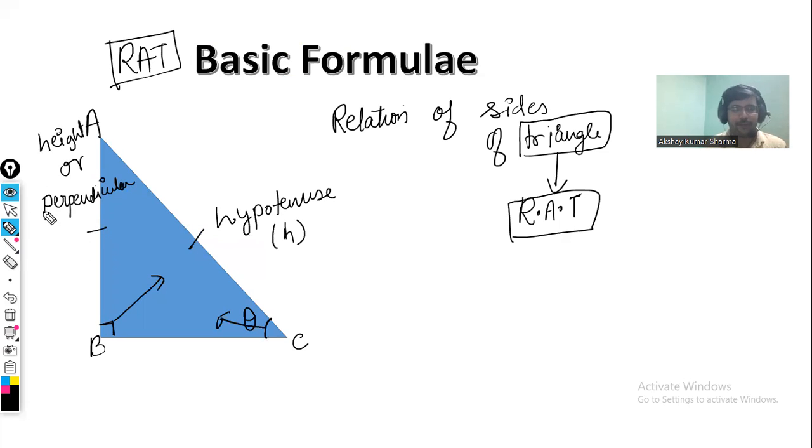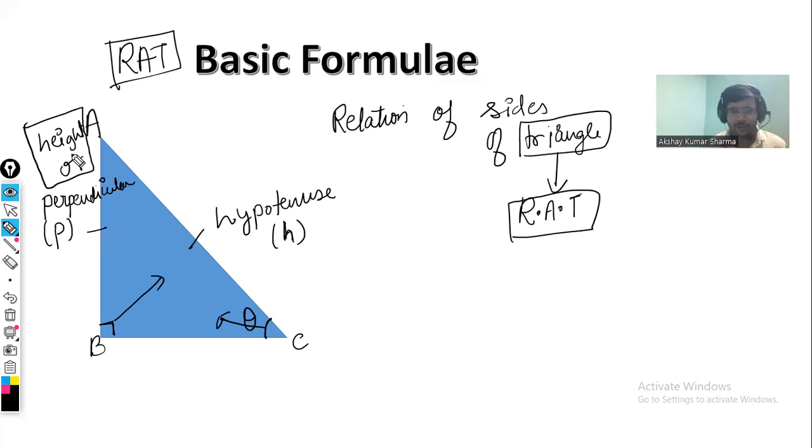Why, guys? Because the abbreviation of hypotenuse would be h, and the abbreviation of perpendicular would be p, but if we take height, then it will also become h. So there would be confusion between height and hypotenuse. That's why we consider perpendicular over here.